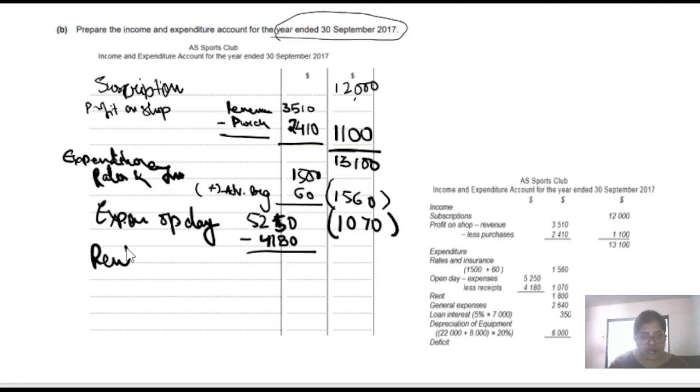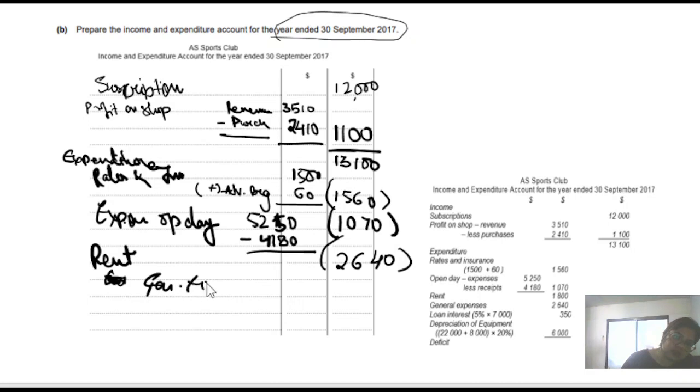So rent is 2640, and your general expense is 2840, and the rent is 1800. After that you have to record your loan also.